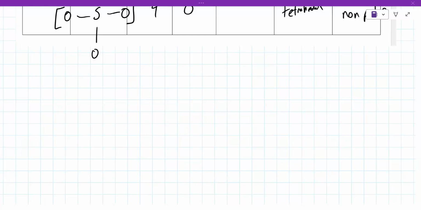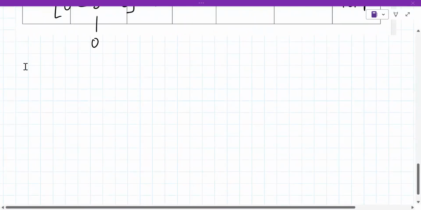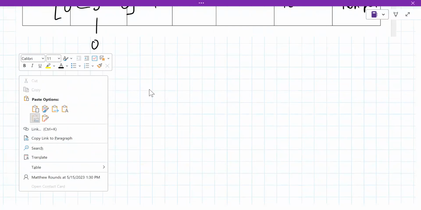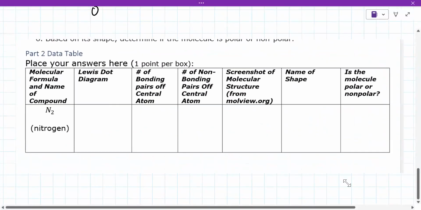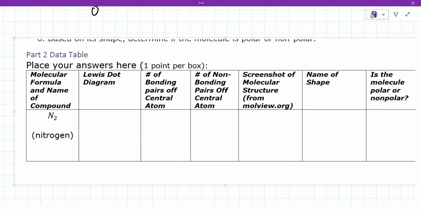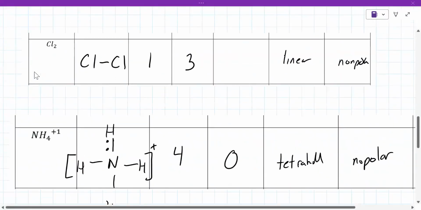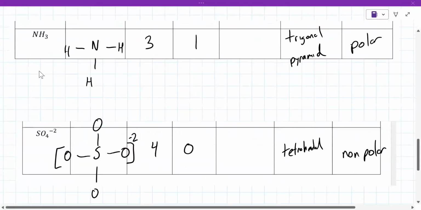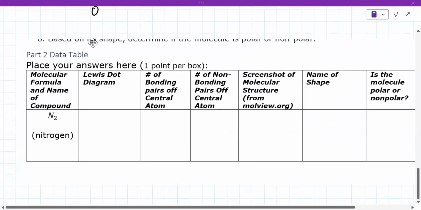So part 2 data table, you see it's the same thing here as before. We'll draw the dot structure, and then bonding pairs, non-bonding pairs, shape, polar, non-polar. So pretty much the same thing we were just doing. No big deal. Oh wait, it says for each molecule in part 2 data table, you will complete the following.